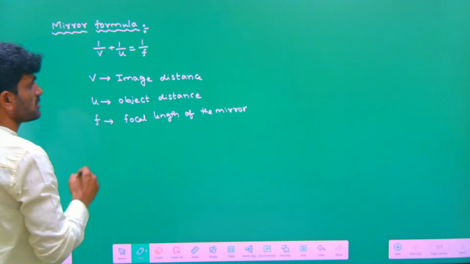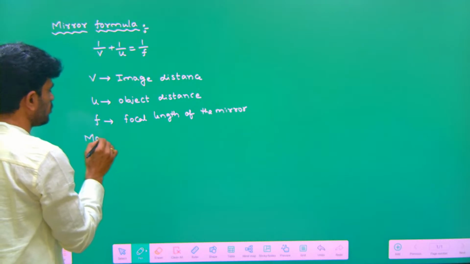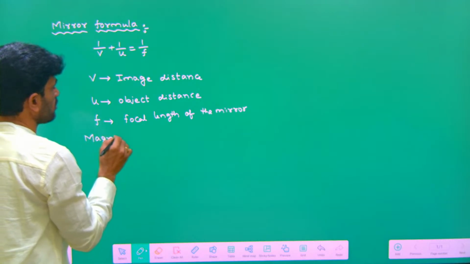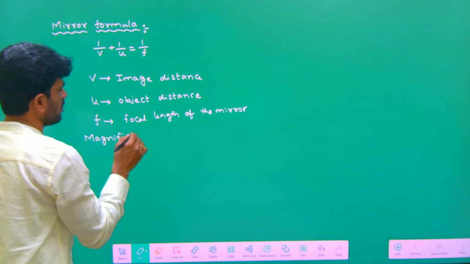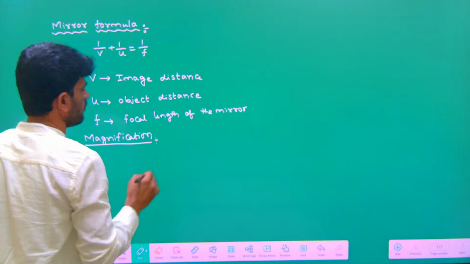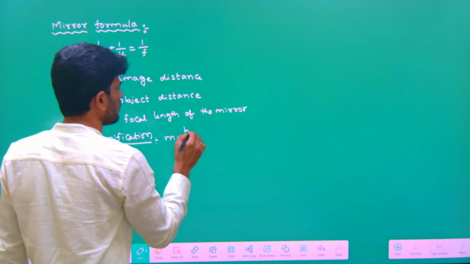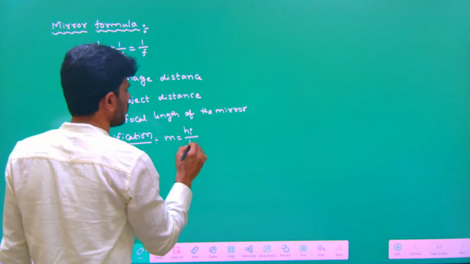Now, after this, we have another formula, magnification. We have two formulas for magnification. This is about mirrors. Magnification, we can find out in one way: m is equal to hi by ho.